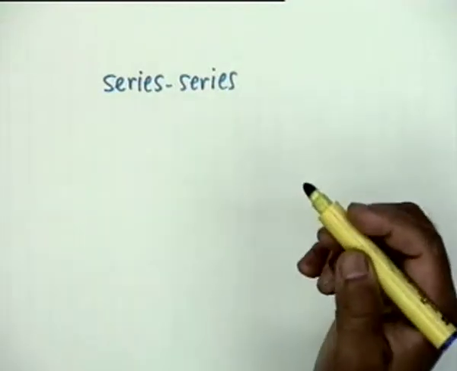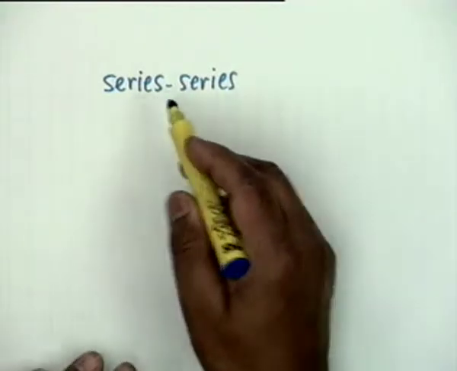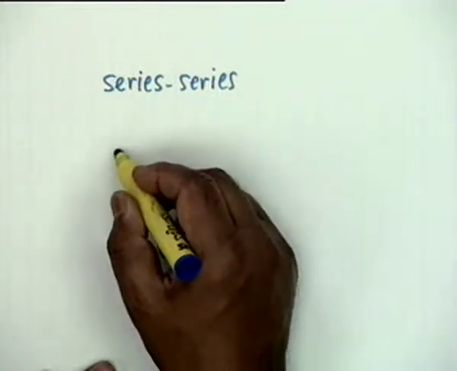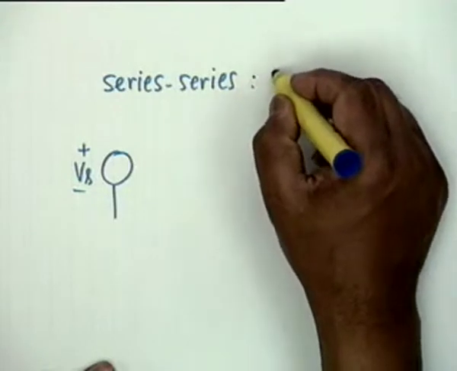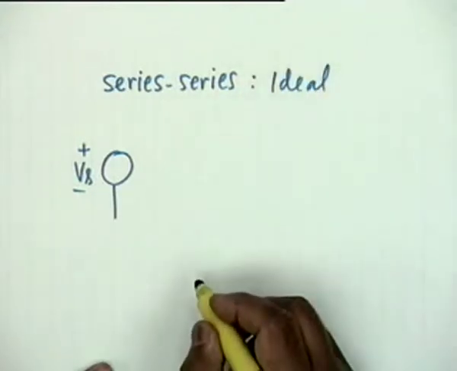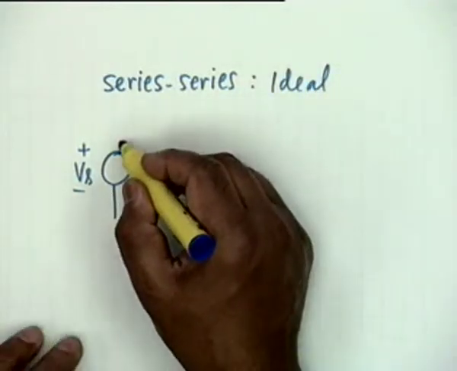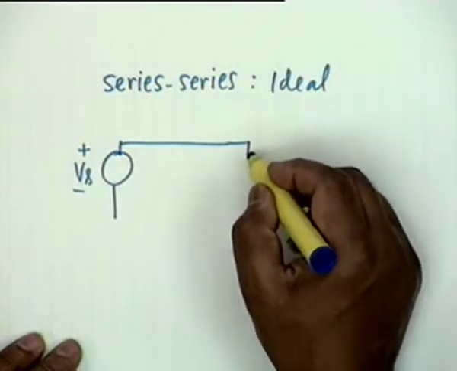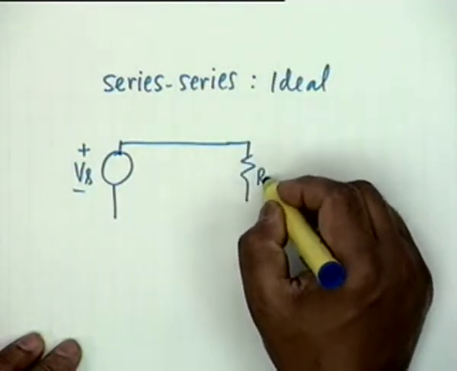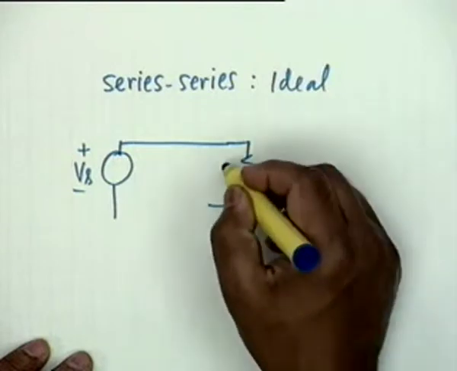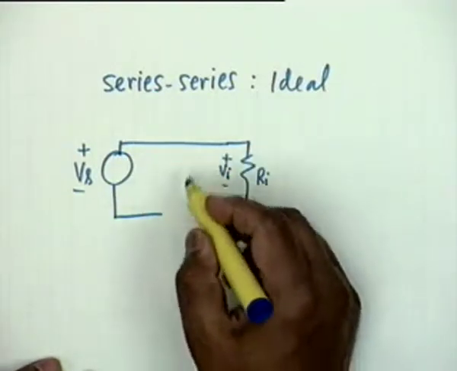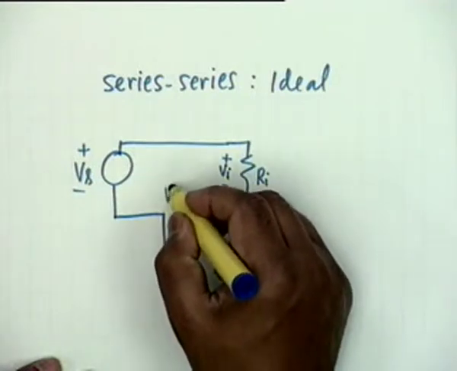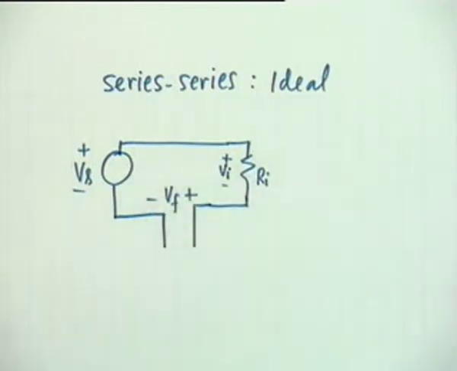Now, obviously, if it is series at the input, we are comparing voltages, and therefore I have a voltage source. The ideal situation would be: I have a voltage source, then a basic amplifier in which the input impedance is Ri, this voltage is Vi, and since the comparison is series, this would be my Vf with this polarity. I am considering negative feedback.